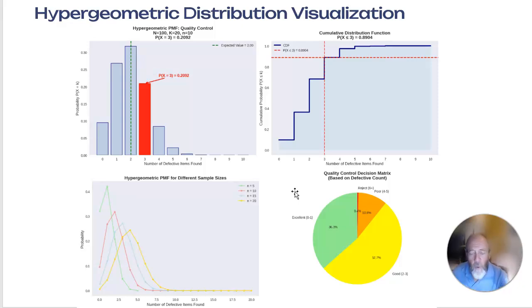So what's the actual probability of it being good, with good being defined as 2 to 3 failures? And if you look at this, it's 52.7, which is essentially what would happen if you added in your probability mass function the 2 and the 3. And excellent being 0 to 1, that would be adding the 0 and the 1.